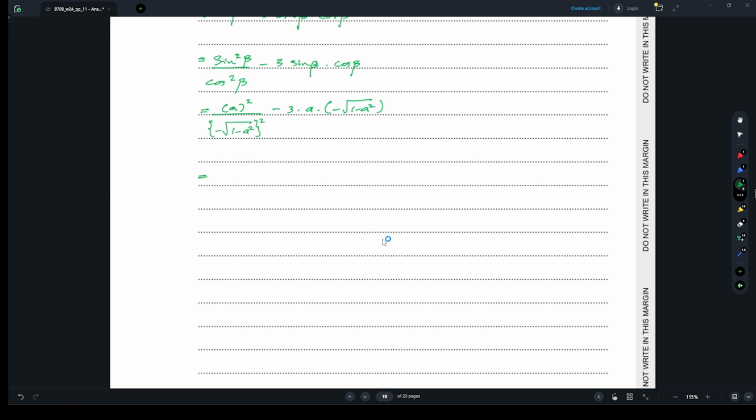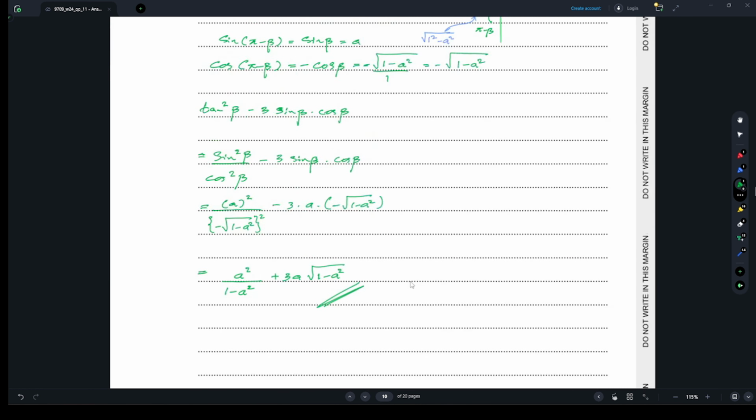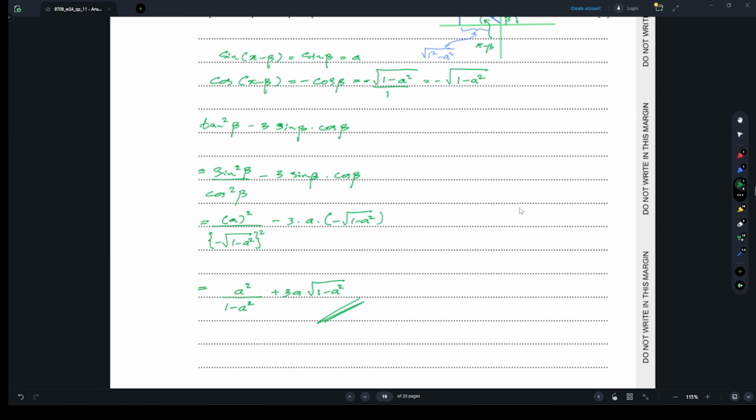With this you can find A square over 1 minus A square, and minus minus becomes plus, so plus 3A root 1 minus A square. So this is the final answer.